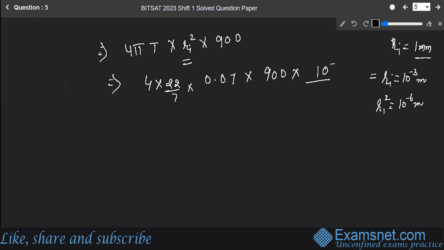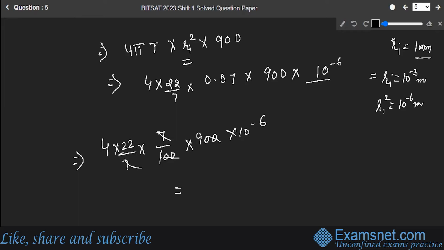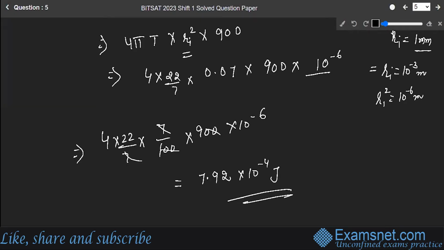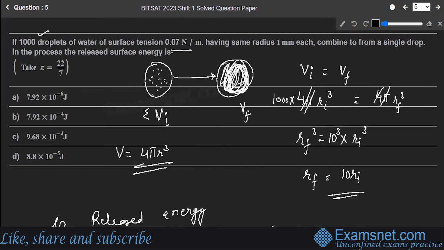So this is 4 into 22 by 7, 7 upon 100, into 900 into 10 power minus 6. This will cancel, and ultimately you will have the answer 7.92 into 10 power minus 4 joules. This is the right answer, and 7.92 is option B.